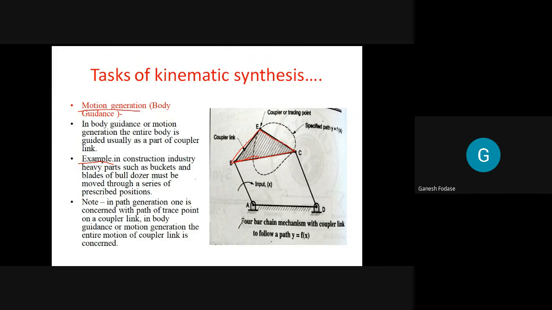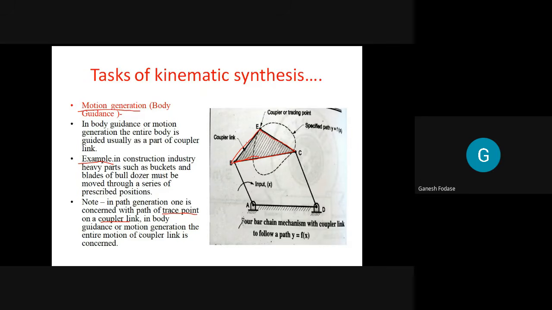So that's the three tasks of kinematic synthesis: function generation, path generation, and motion generation. You can note that in path generation, one is concerned with the path of a trace point, which is situated on a coupler link.